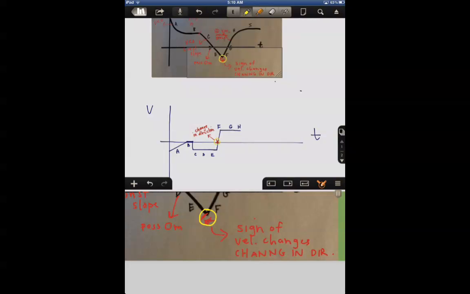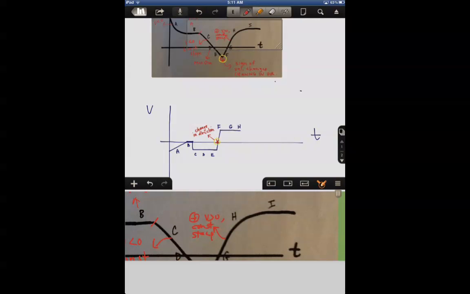The last stretch. So when I look at H to I, I still have positive slope, but it's becoming less steep.